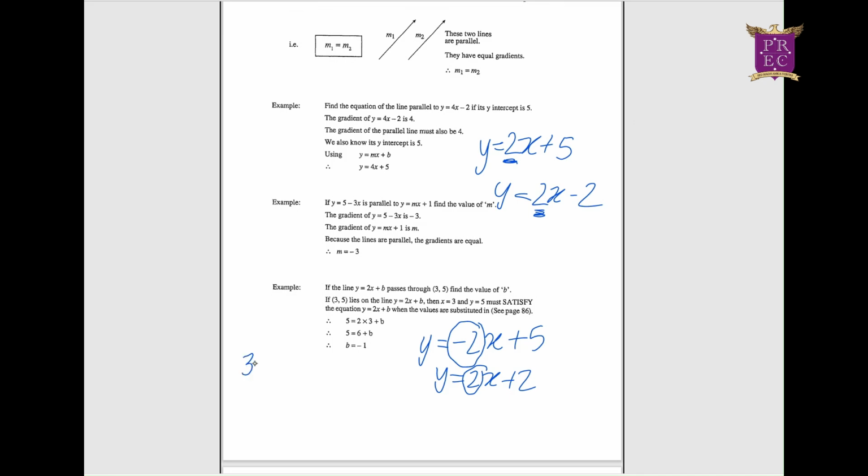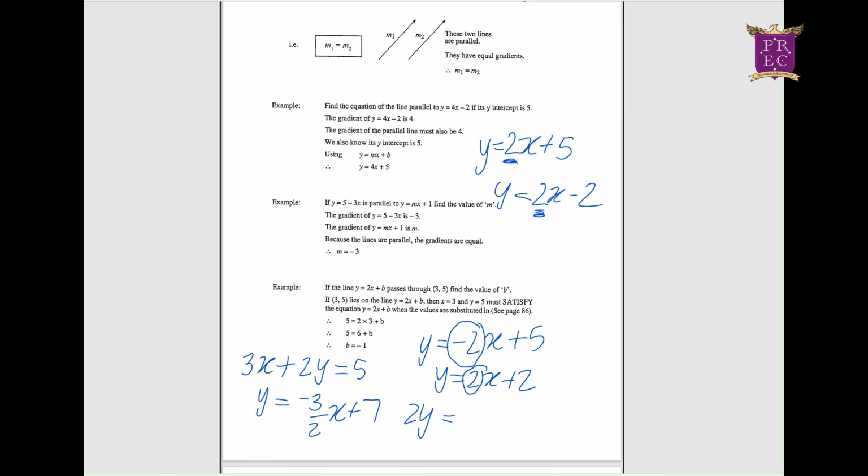If we had, for example, these two equations, are these parallel lines? To figure that out, we need to rearrange this equation first. To rearrange this equation, we have to take all the non-y terms to the other side.